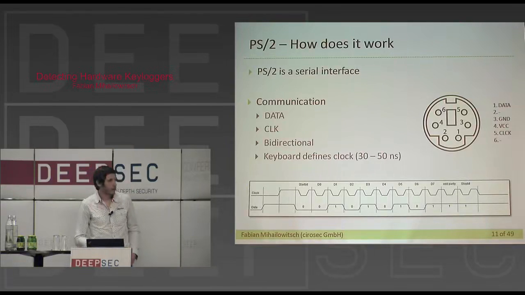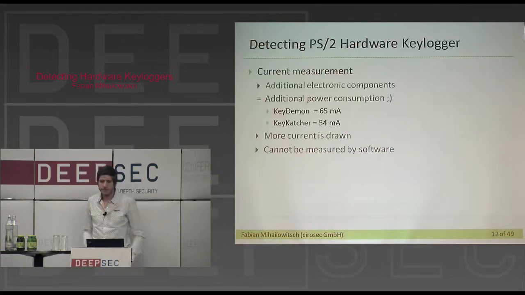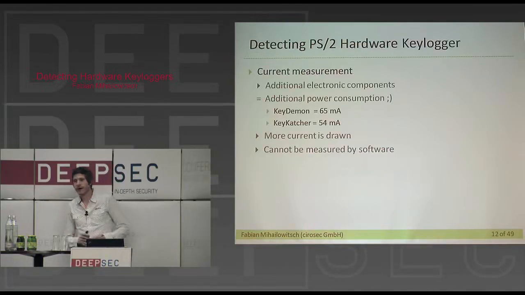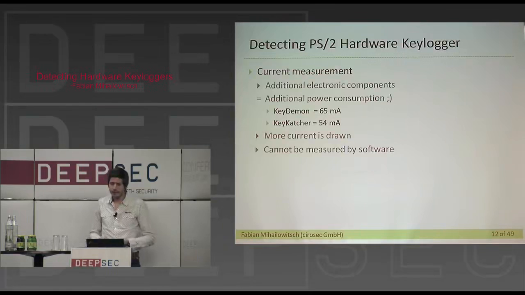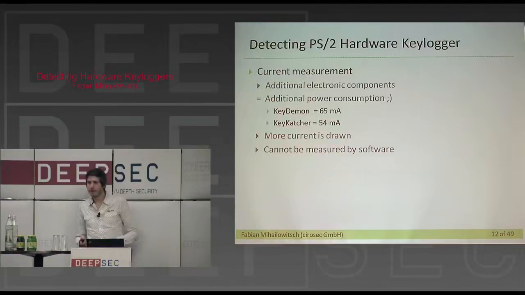Here you can see how it looks on the wire. Basically, you have the clock, and you have the data which are transferred right here. So it's quite simple for PS2. Okay, the first thing I came up with when I tried to detect them is current measurement. You plug in additional hardware, so you have additional electronic components which consume power, and you basically can measure it.